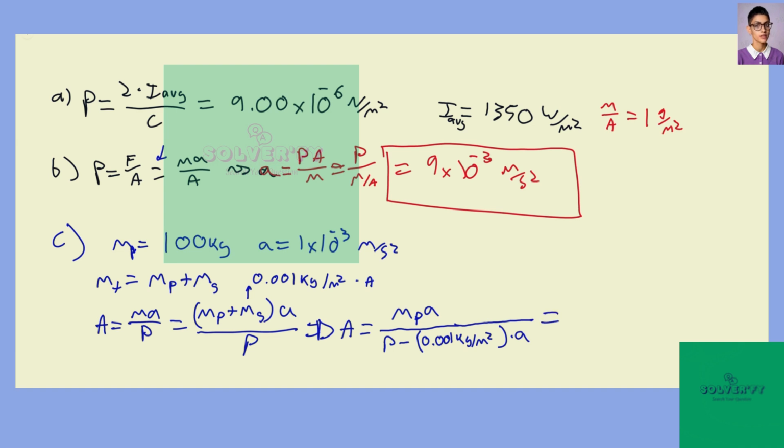And finally, by calculating all of this, you get that you will need a solar sail that has an area of 1.25 times 10 to the 4 meters squared. So that is quite a large sail.